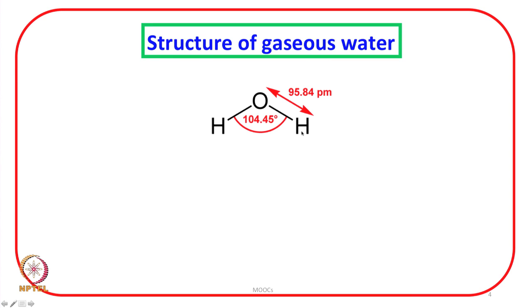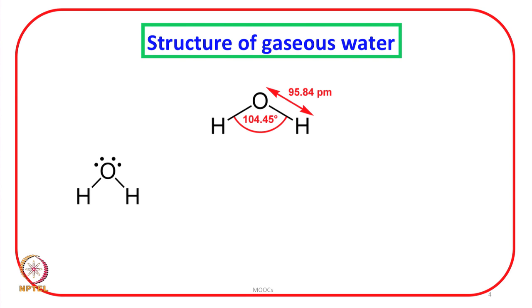The bond angle HOH is about 104.5 degrees, and there is about 95.84 picometer distance between oxygen and hydrogen. Knowing the properties of water is very important, because in biological systems we have been repeatedly emphasizing the significance of water.